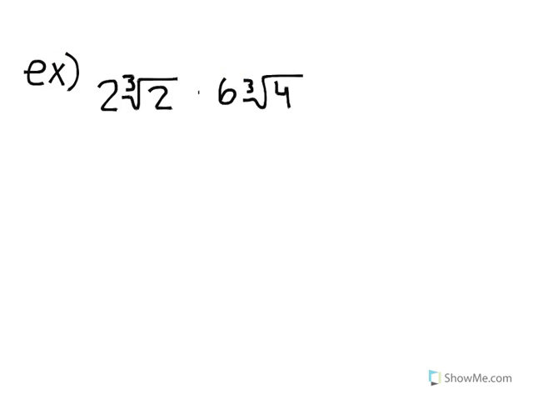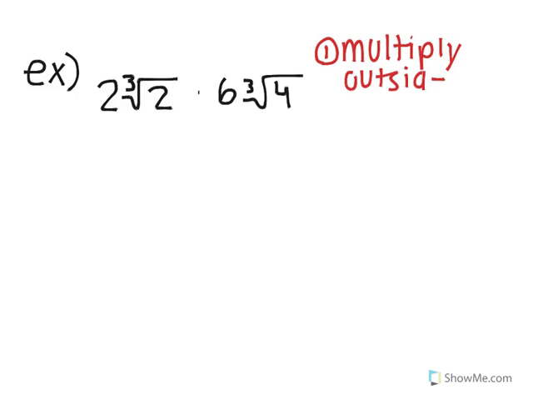Okay, so now we're going to multiply them, then we're going to simplify them. That's what they're going to want you to do. So our first step is to just multiply the outsides, then the insides.